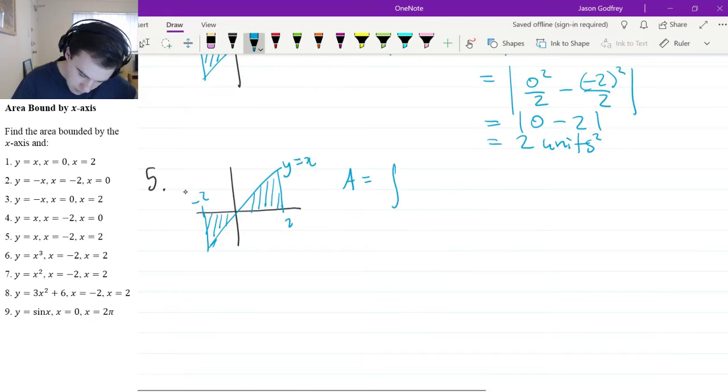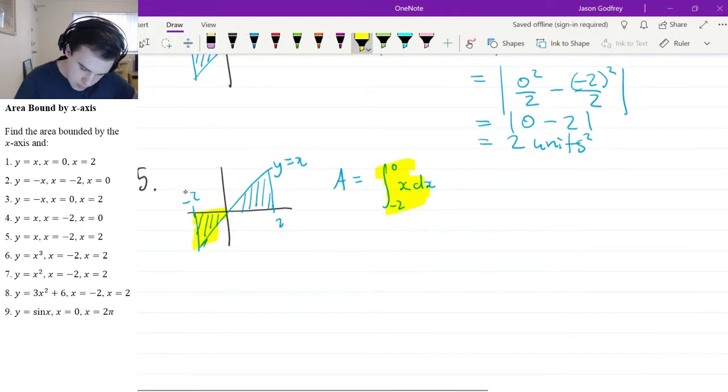So we'll go from -2 to 0, and that is the bit below the x-axis, right? This is this bit here. Because it's below the x-axis, we'll have to take the absolute value, and then we're going to add on the other piece here.